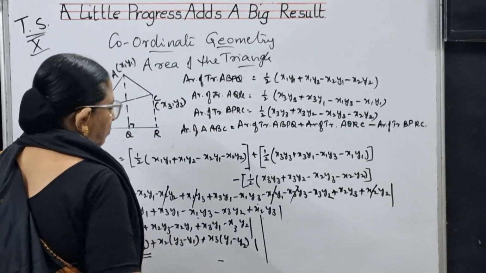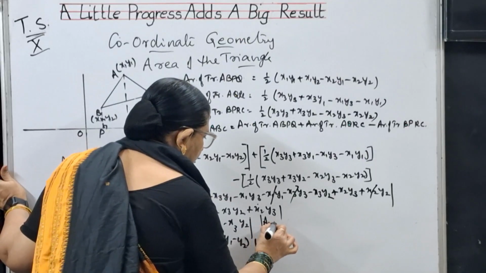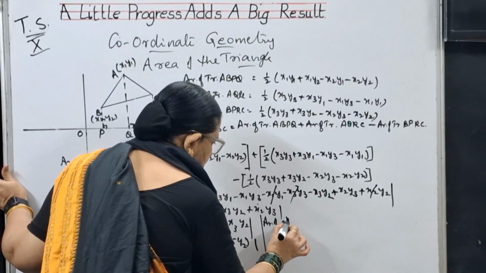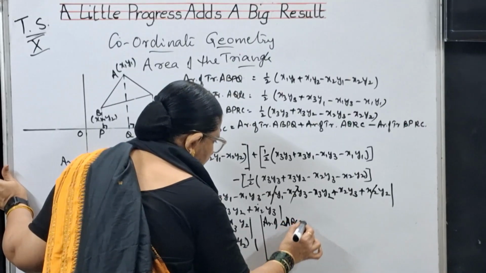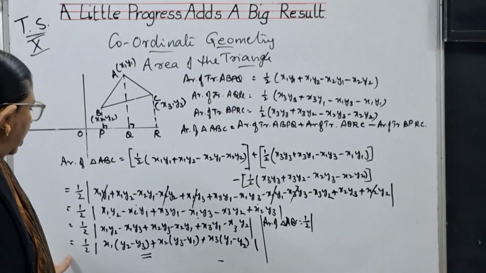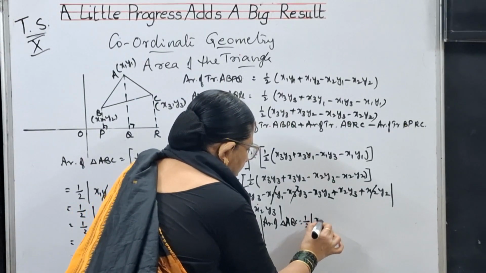What is the easiest way of remembering the formula? Area of triangle ABC is equal to half modulus. See how easy it is.